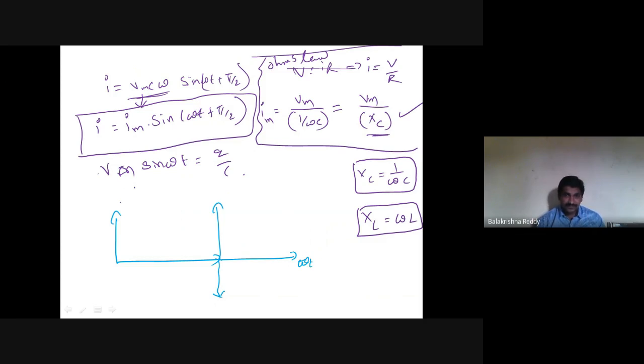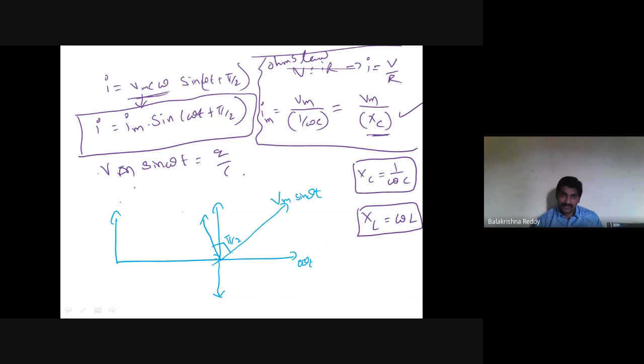If you see, this is one vector, the voltage vector. Let us say Vm sin omega t. Perpendicular to this, at 90 degrees, like this. From here to here it is pi by 2.